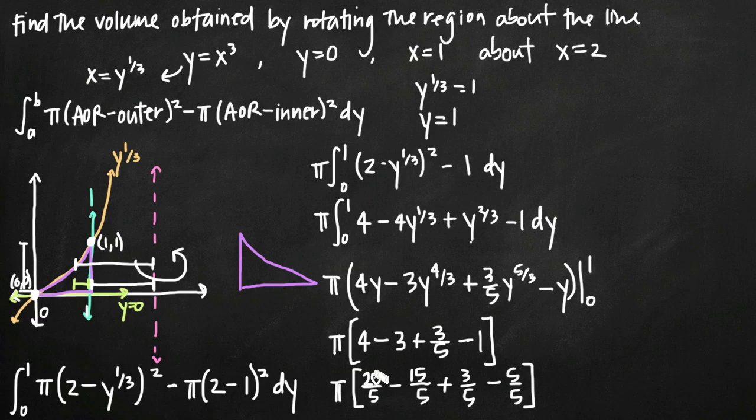And when we take 20 minus 15 plus 3 minus 5, we get a volume of 3 pi over 5. And that is the value of the volume obtained by rotating this region here about the line x equals 2.